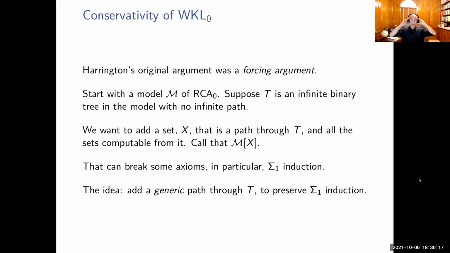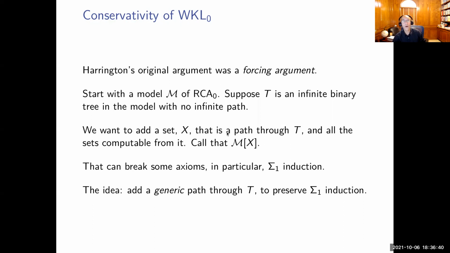So Harrington's original proof of the conservation of WKL0 over RCA0 was a forcing argument. The idea is, you start with a model of RCA0. As I said, there might be infinite binary trees with no infinite path. Well, you want to just take a path and throw it into the model, right? So you want to pick a set X, pick a path through T and add it.